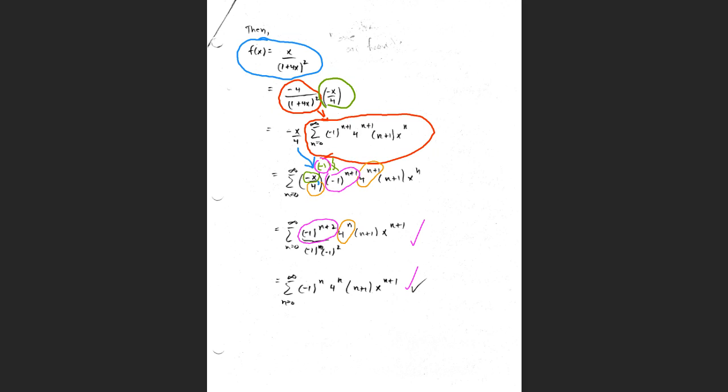So we can say, in summary, that our function, which was x divided by 1 plus 4x squared, is going to equal this power series.